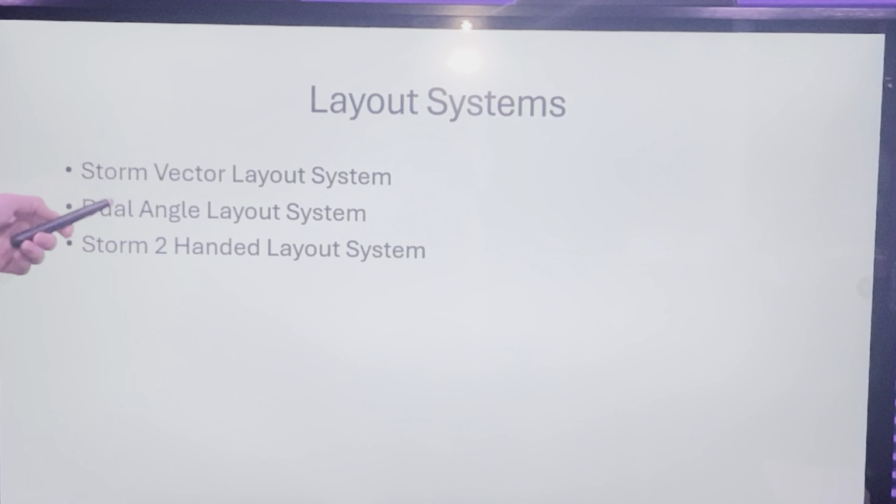The 2 most popular out there are still the Storm Vector layout system and the Dual Angle layout system. The Dual Angle layout system is the one that I use a lot, simply because it is simple and easy to use for one-handers and 2-handers. There really is no difference. You basically have 3 angles with the Dual Angle layout system, and it's very simple.